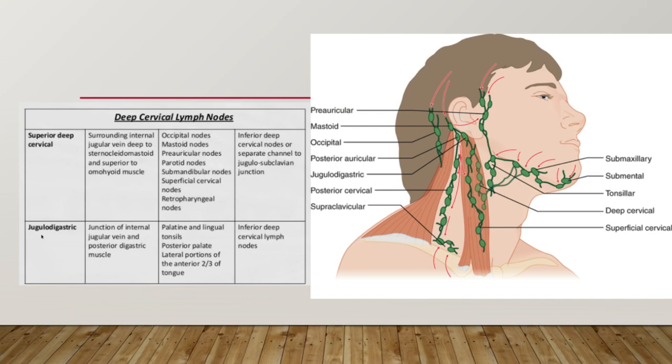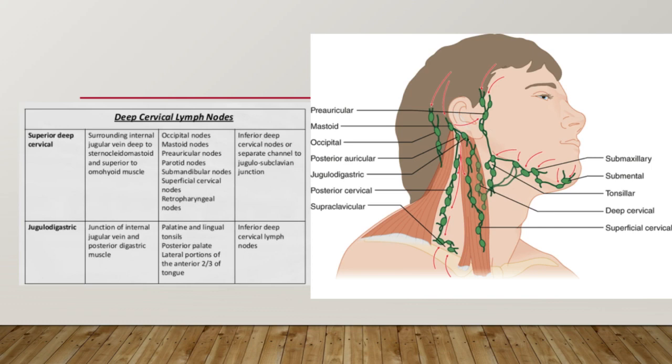Coming to the jugulo-digastric group of lymph nodes. As you can see here, this is the jugulo-digastric group of lymph nodes. It is seen at the junction of the internal jugular vein and the posterior belly of digastric. It drains the palatine and the lingual tonsil, the posterior part of the palate and the lateral portion of the anterior two-thirds of the tongue.